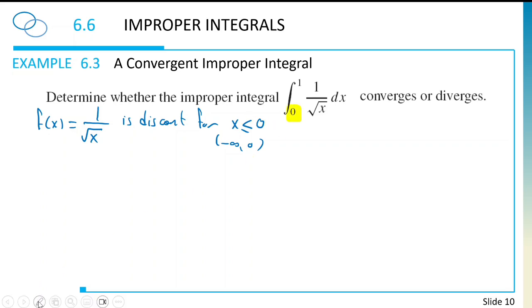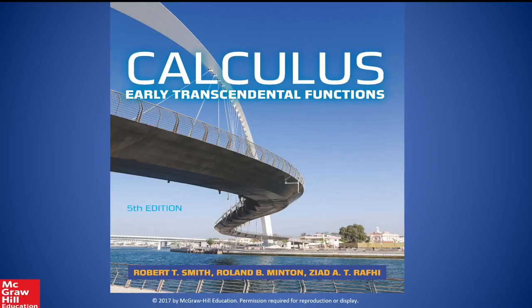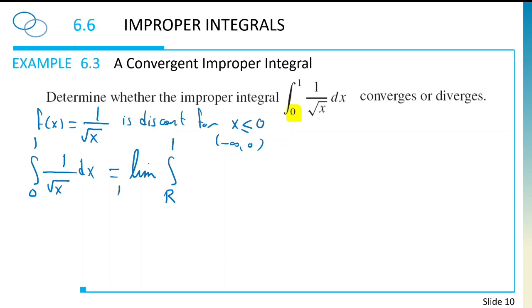Okay, we'll do exactly as before. So we'll start with the integration 1 over square root of x dx. I'll redefine it as limit the integration. I'll change now 0 into r, from r to 1 as r approaches to 0, this time from where?